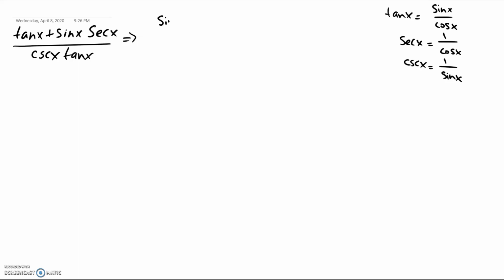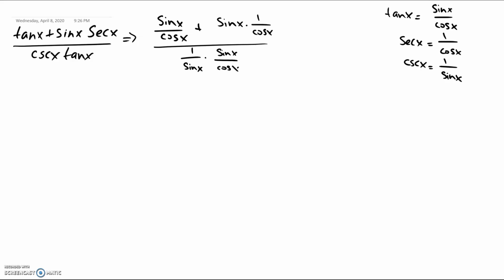Now the expression will become sine x over cos x plus sine x, which stays the same, times secant x, which is 1 over cos x, over cosecant x, which is 1 over sine x, times sine x over cos x. Okay, so first let's see the numerator.